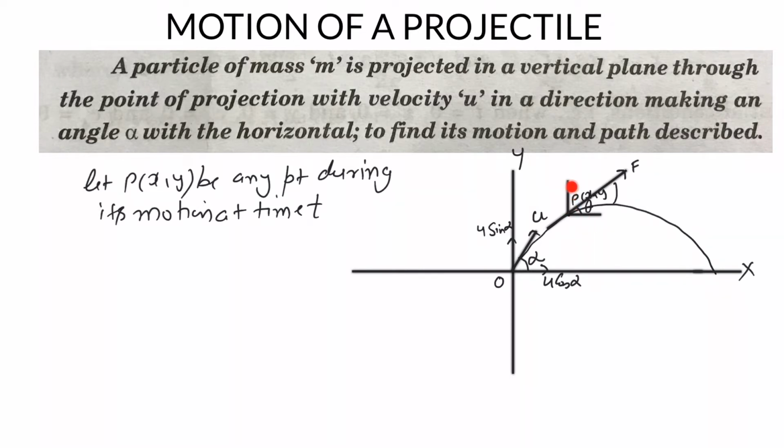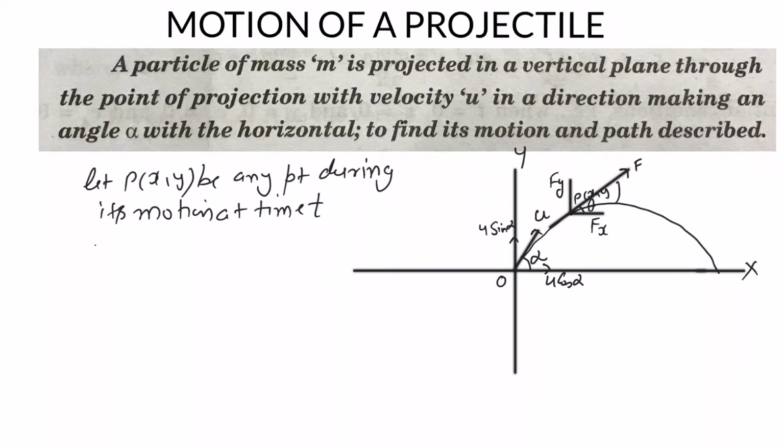Say here we draw the axes again. This is x-axis, this is y-axis, and then this is the tangent. This is the force, and the components of force along the x-axis and y-axis are F_x and F_y. F_x will be equal to m d²x/dt², and F_y is equal to m d²y/dt².